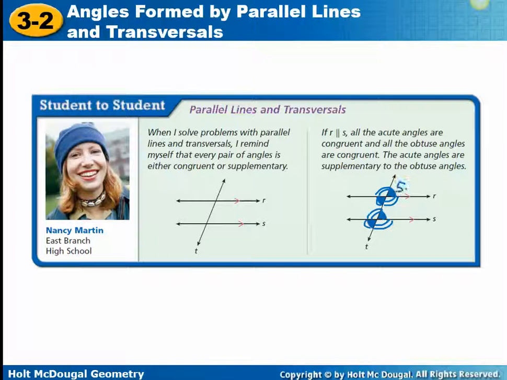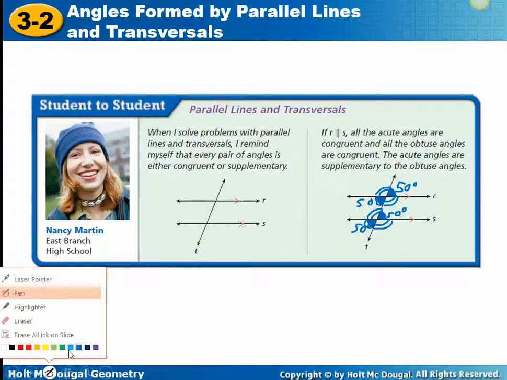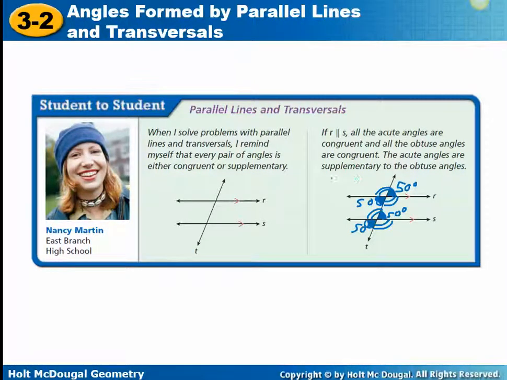If you know this angle is 50 degrees, all of the acute angles are 50 degrees. And then all of the obtuse angles can be found by taking 180 minus 50. So all of the obtuse angles, the big angles, would be 130 degrees. So if you know one angle in a problem where you have two parallel lines cut by a transversal, you'll be able to find all of the other ones.